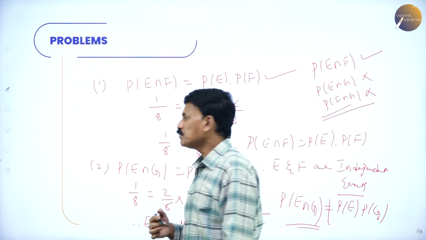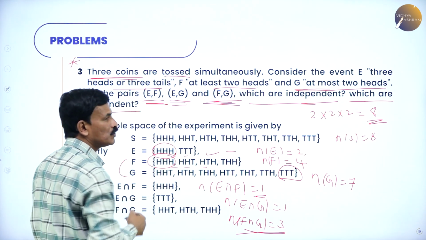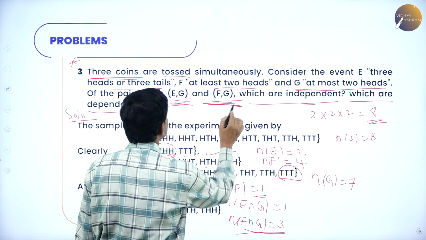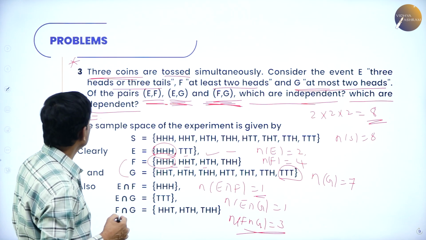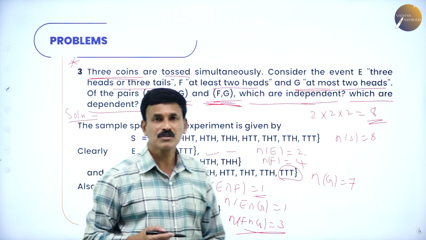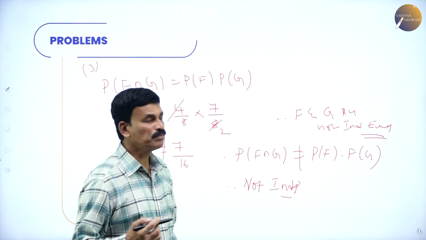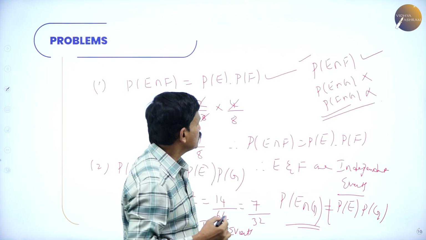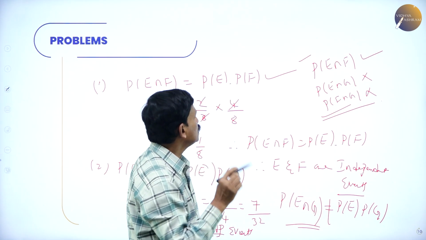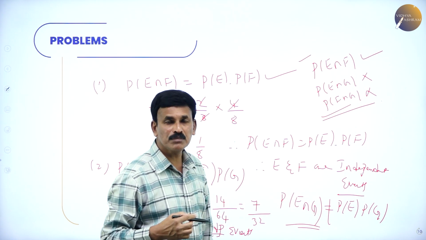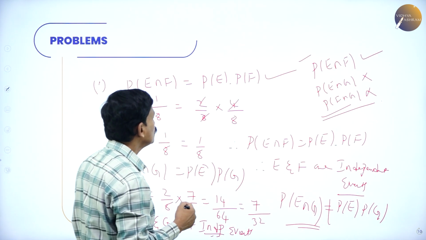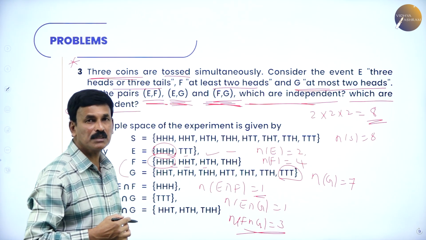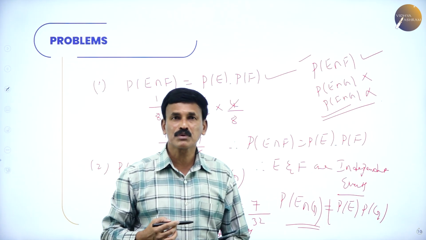So of the given problem, only the pair E and F are independent events, whereas E and G, and F and G are dependent events. Hope you followed this. That's regarding which are independent and which are dependent, as far as this problem is concerned.